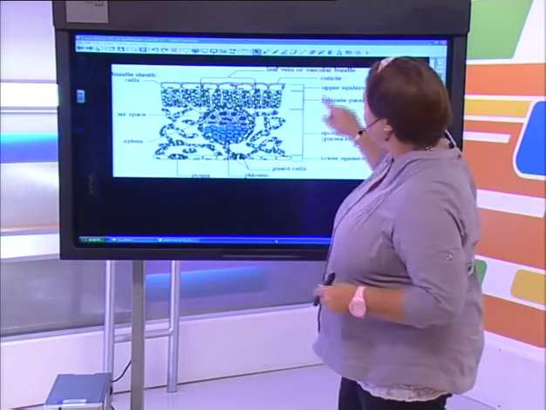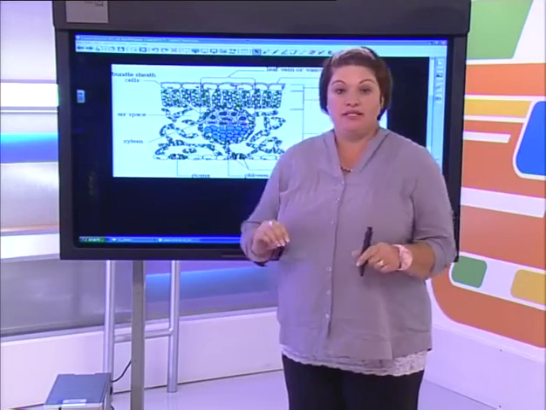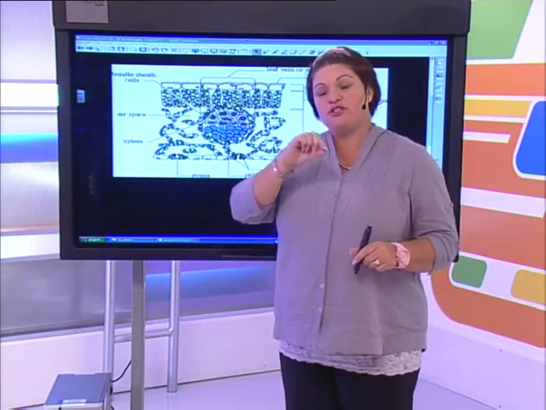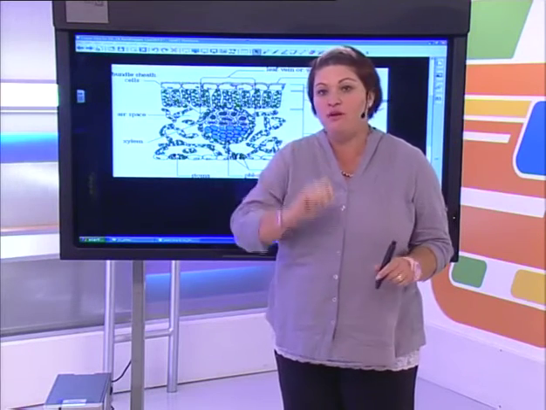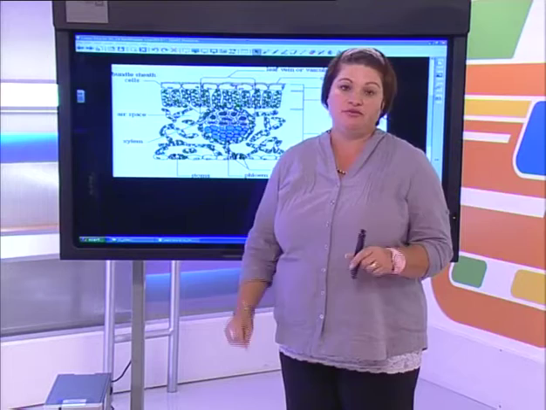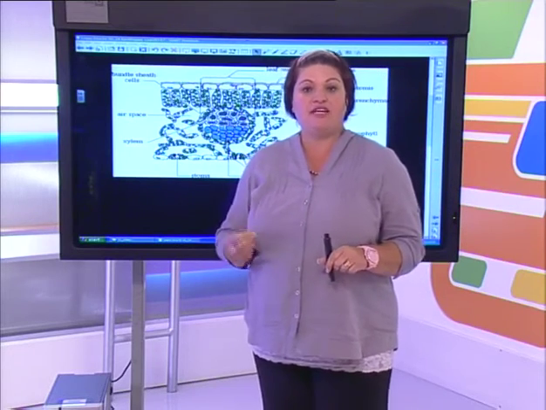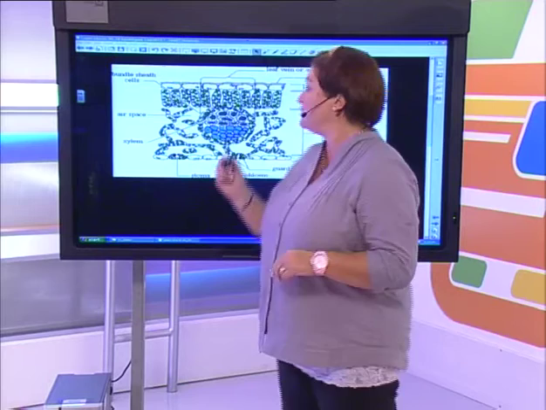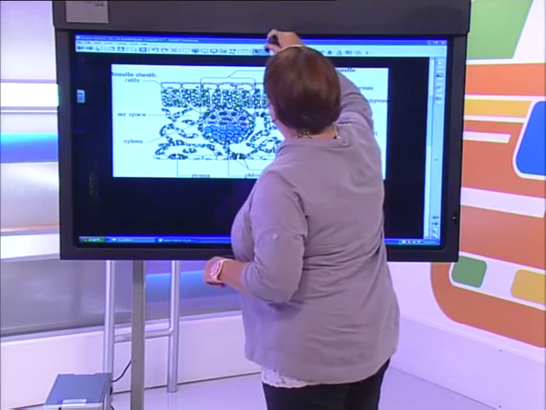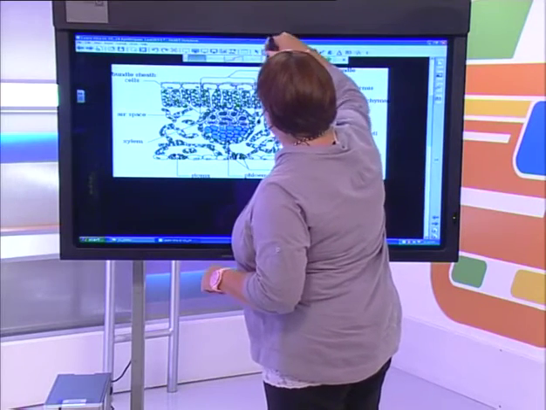If we have a look at the leaf over here, let's start off looking at the plant tissues. First of all, surrounding all the organs, from the roots all the way to the leaf, you have to have a protective cover. And that protective cover is going to be your epidermis. If I look at the pen over here, I'm going to use the blue.